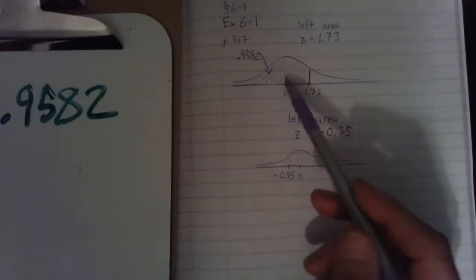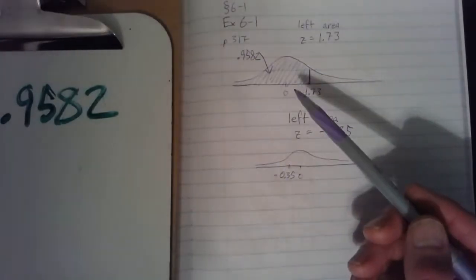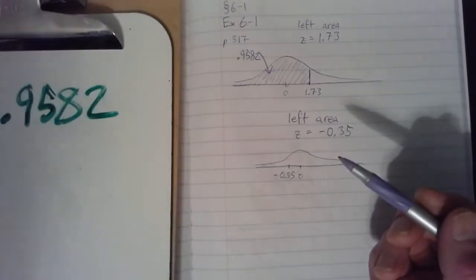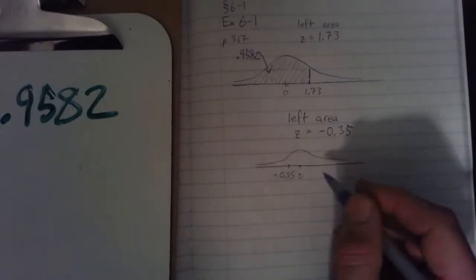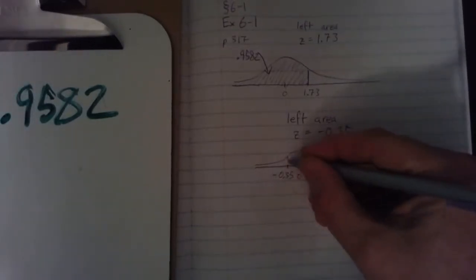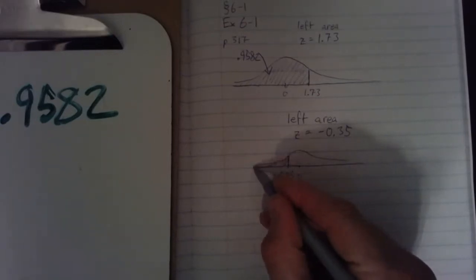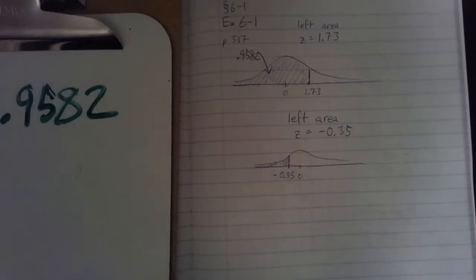If I had written this out in full English, I would have said, find the area underneath the standard normal distribution curve to the left of z equals negative 0.35. But I didn't have time to write all of that, so I didn't. But anyway, we sketched the curve, we found our z value, and we shaded in the appropriate area.